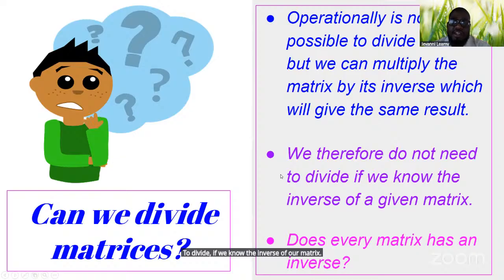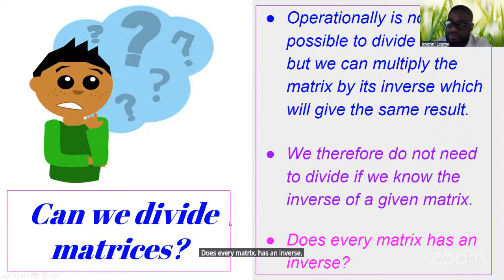All right, and I will be asking this question in the next probably 20 minutes or so. Does every matrix have an inverse? Remember, when you have the determinant, we have either a singular matrix or a non-singular matrix. So again, that question will be asked in less than 20 minutes. Does every matrix have an inverse?